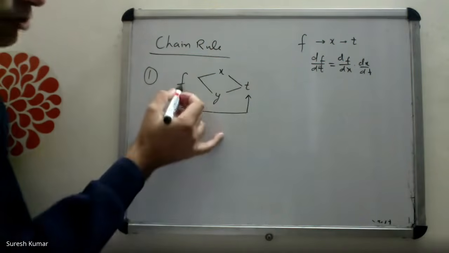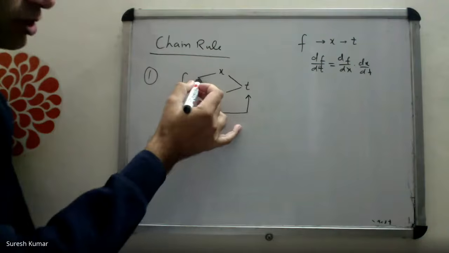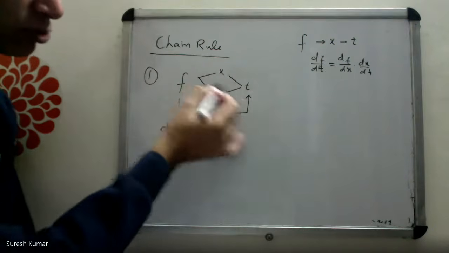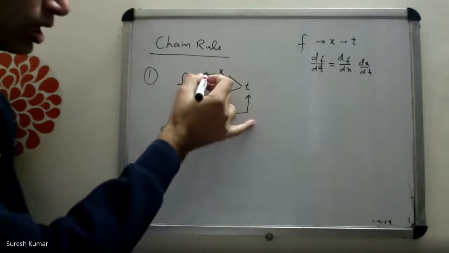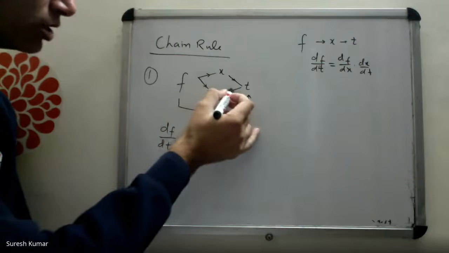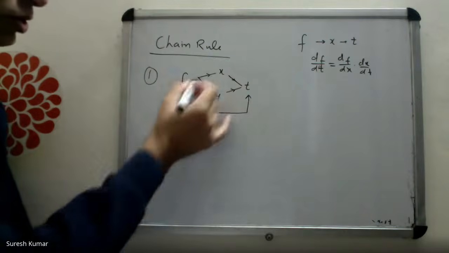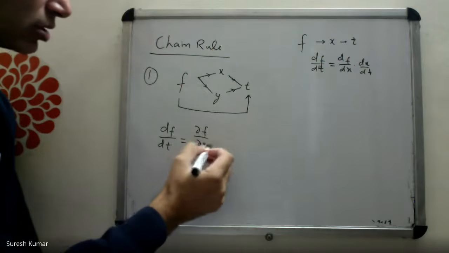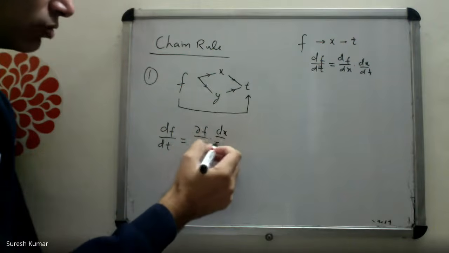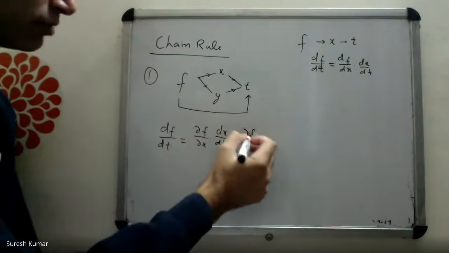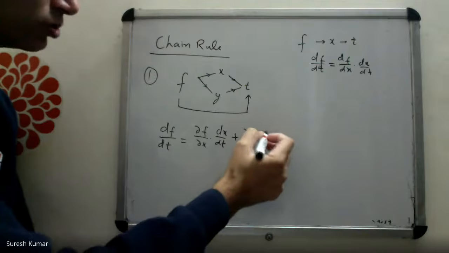From f to t, you have two possible paths, f to x, x to t, and f to y, y to t. You have to exhaust both the paths. So partial f over partial x into dx over dt for the first path. Second path, partial f over partial y into dy over dt.